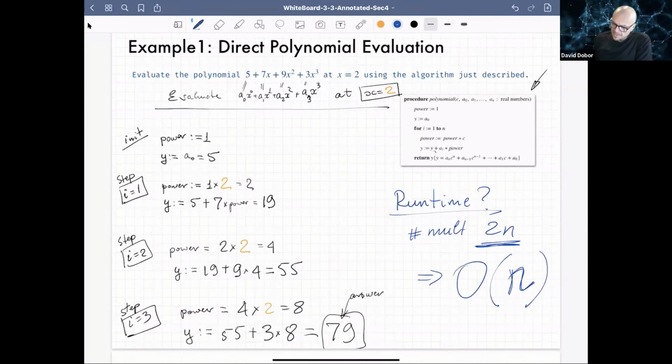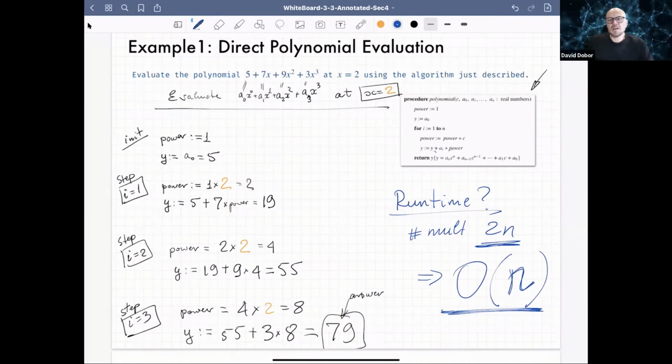So my algorithm scales linearly with n. There's no way I can do better than that. So there's no way to evaluate a polynomial in better than linear time. Do people agree?